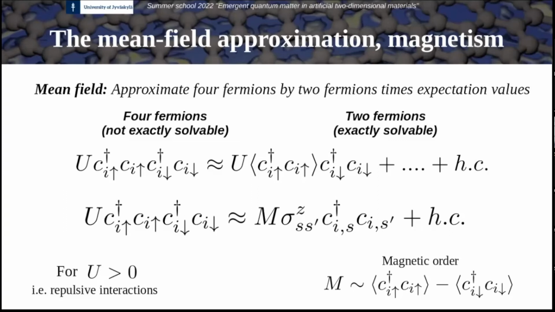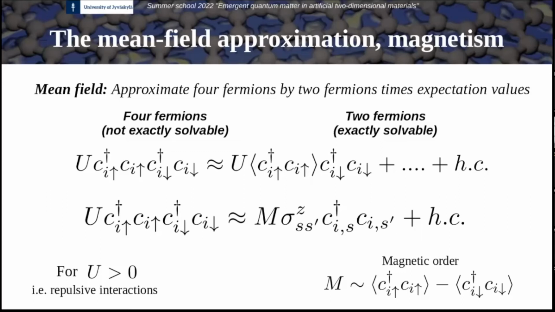So I mean, it is relatively easy to realize that C dagger up, C up is just the density of electrons up. So how many electrons with up spin do you have? And in the same way, C dagger down, C down is the density of electrons down, right? So now you can define your magnetic order as the density of electrons up minus the density of electrons down.